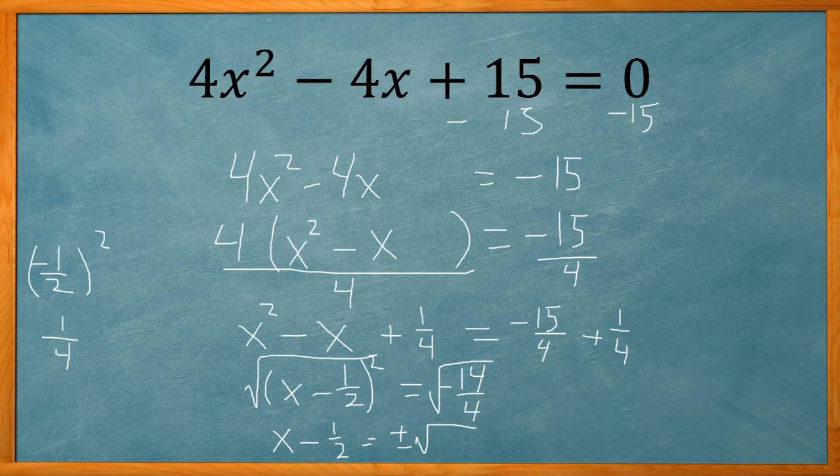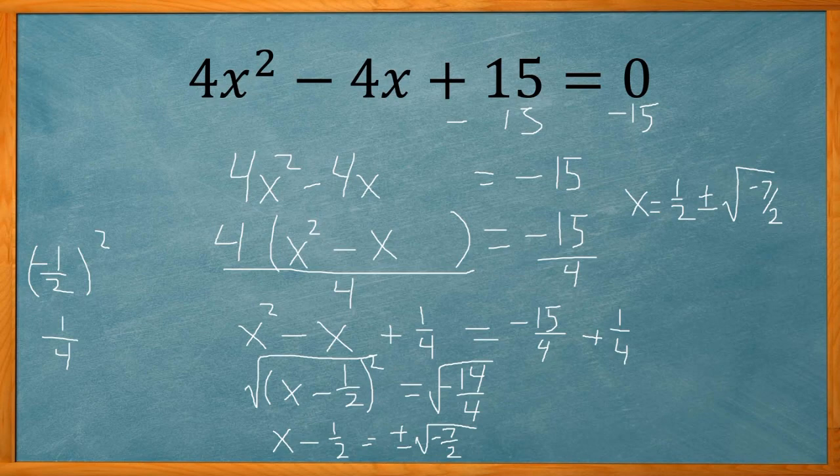I'm just going to reduce this to negative 7/2, dividing both of those by 2. And from there, I'm going to add half to both sides. So that ends up giving me x equals 1/2 plus or minus the square root of negative 7/2.